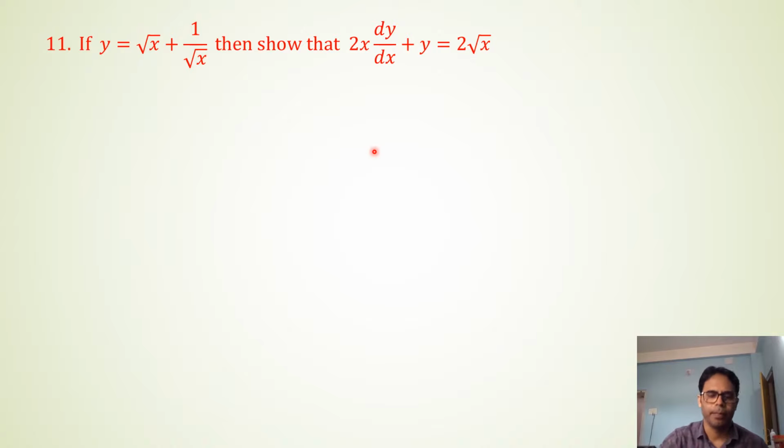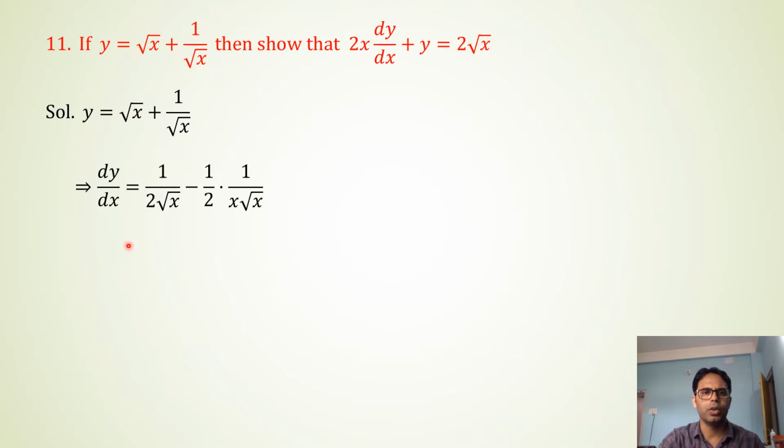You see here the solution, y is equal to this one, already I told you. Then dy dx is equal to, it is directly written here, 1 by 2 root x and minus half into 1 by x root x. I have written here directly, and how it is 1 by x root x I already discussed with you in the pen paper mode.